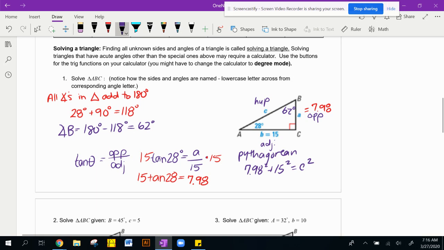So I'm going to solve. And over here I got 288.68 equals c squared, so I need to take a square root, and I get 16.99. And we solved our triangle.